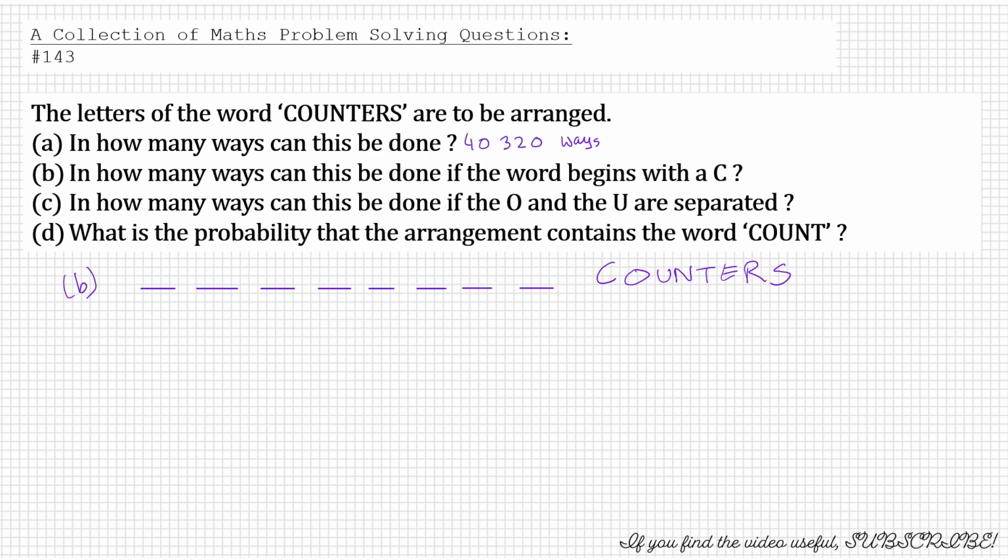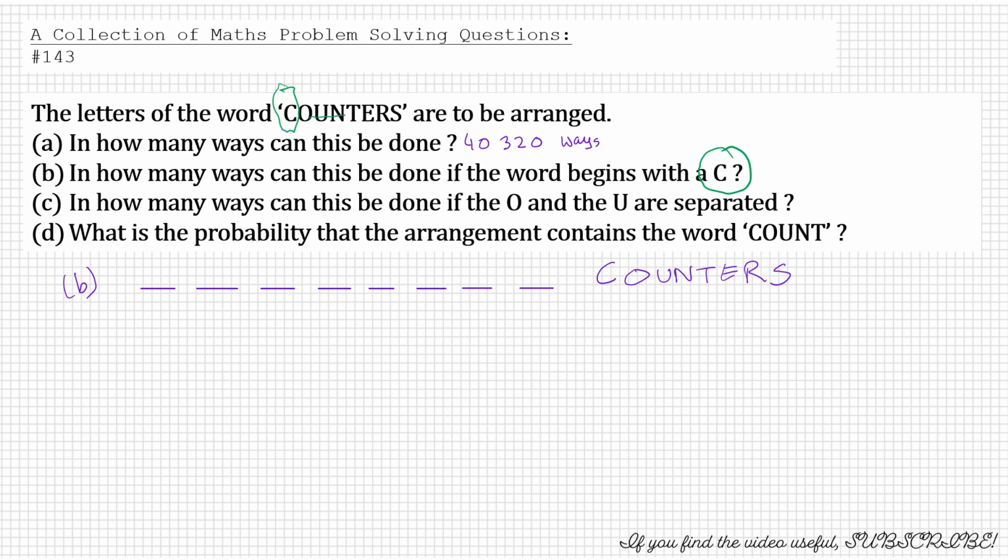The next part, the B part: in how many ways can this be done if the word begins with a C? If the word is to begin with a C, what it means is the first position is fixed, so you can't change that. No other letter would be allowed here, only C, and one place is already taken.